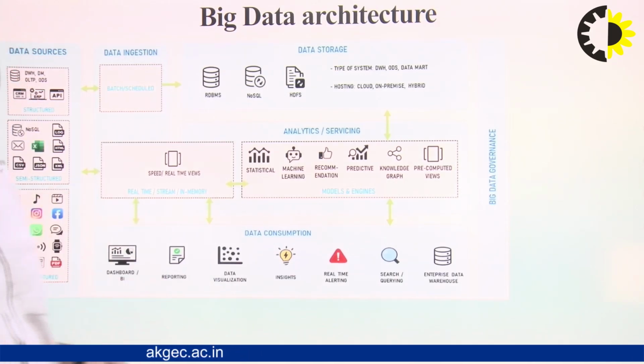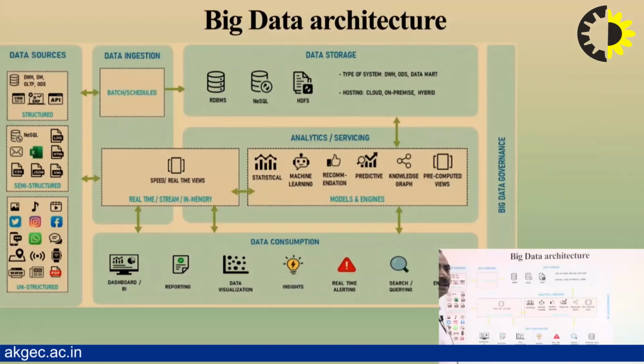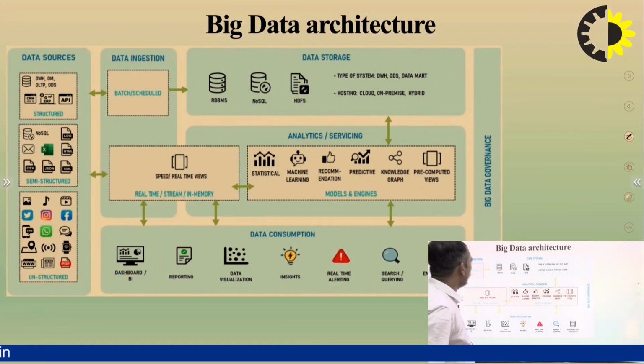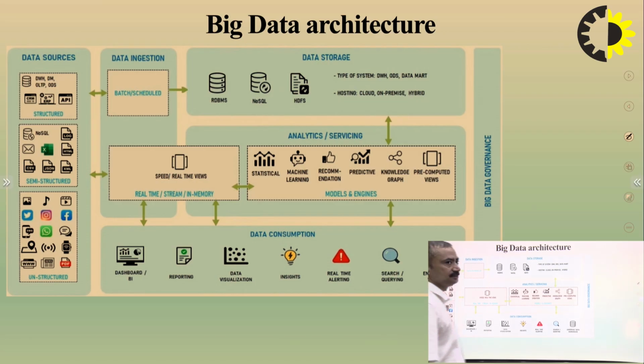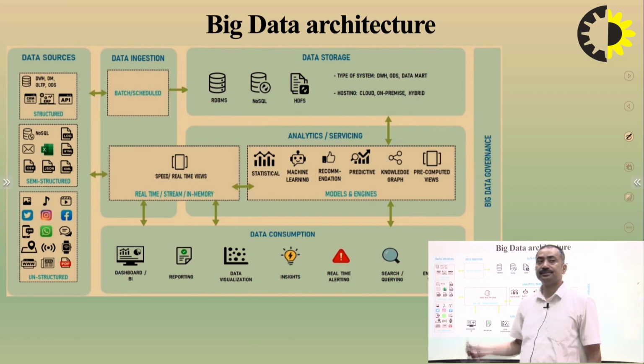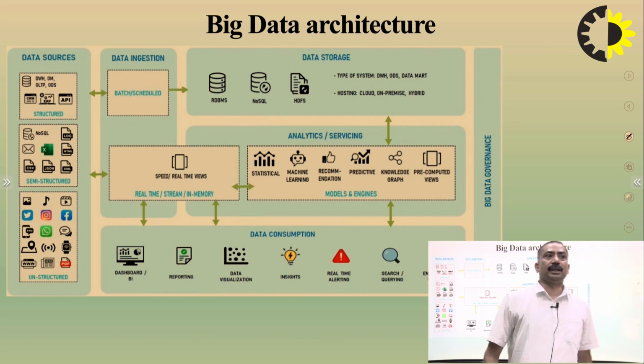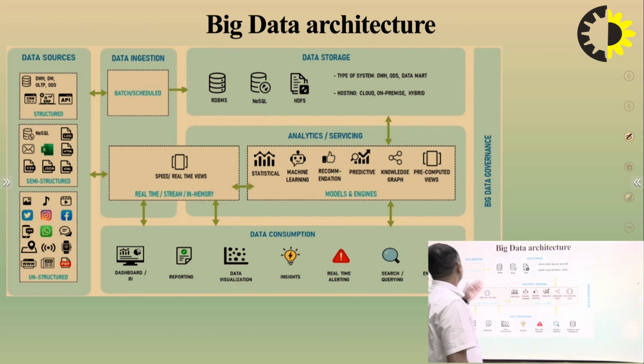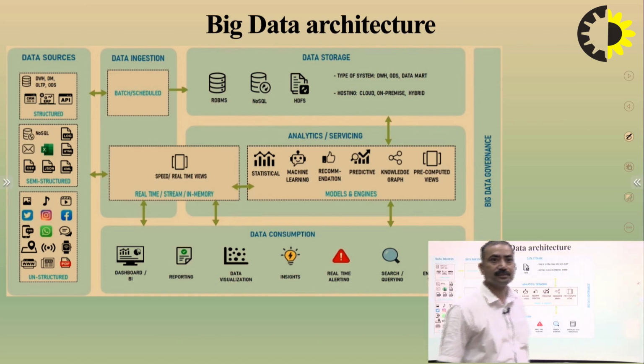In the basic architecture of big data, we have data ingestion here. The data ingestion layer is basically responsible for collecting and storing data from various sources. It can be structured, semi-structured, or unstructured sources.